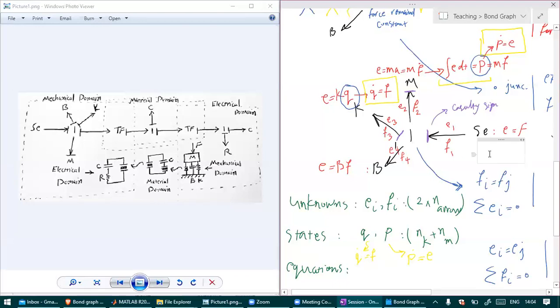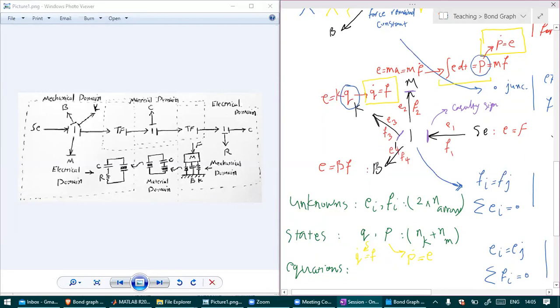Source of flow defines the flow, so causality is on the source side. Mass defines the flow because it integrates from the effort, so the causality remains on the mass side. And a spring defines the effort because it integrates from the flow, so the causality goes to the other side.